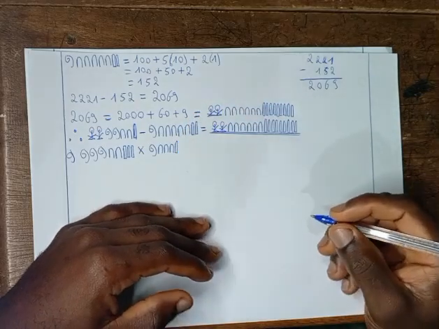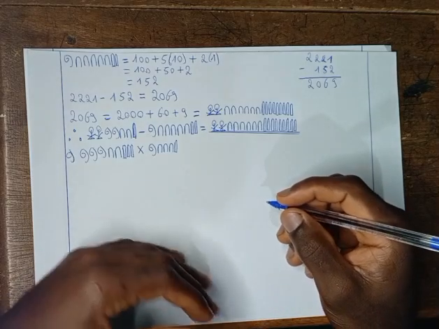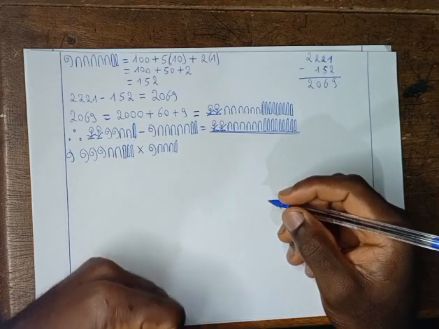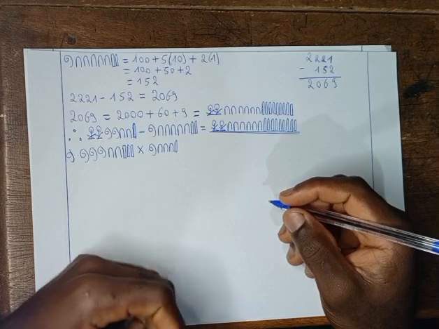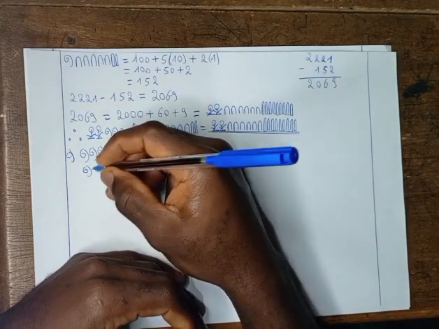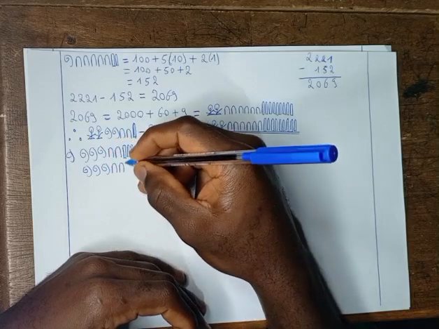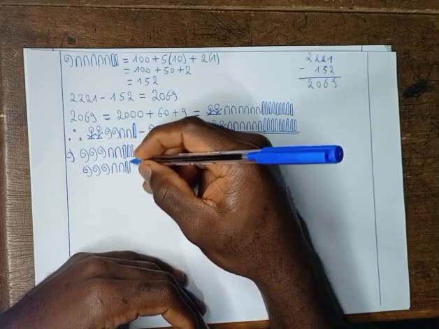We have to multiply these two numbers. First thing, we need to convert these two numbers to the Hindu-Arabic numerals, to our numerals. Then we perform the multiplication to get the result. Then next, we convert the result back to Egyptian numerals.